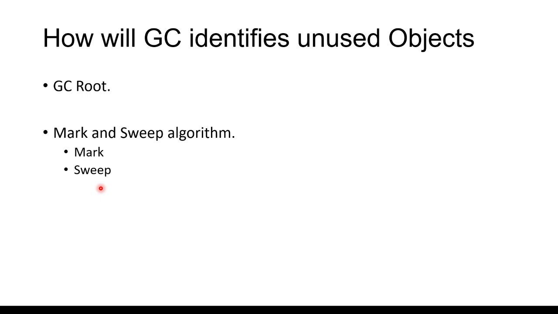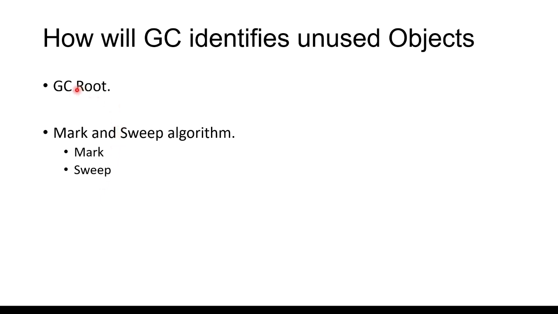We have discussed that the GC identifies unused objects and deletes them. But how does it identify the unused objects or null references? For that, in Java, the garbage collector uses the GC root.